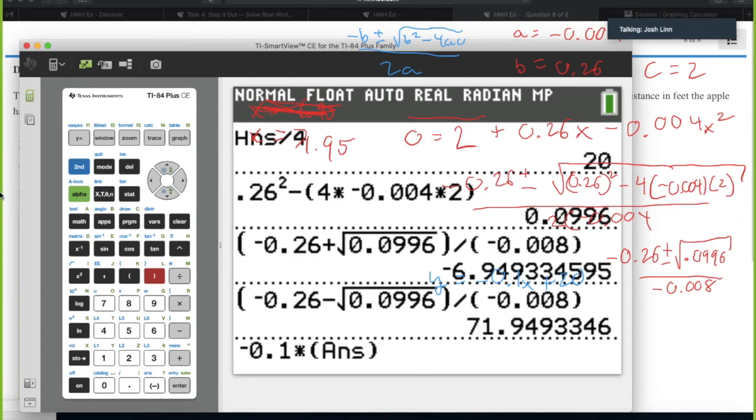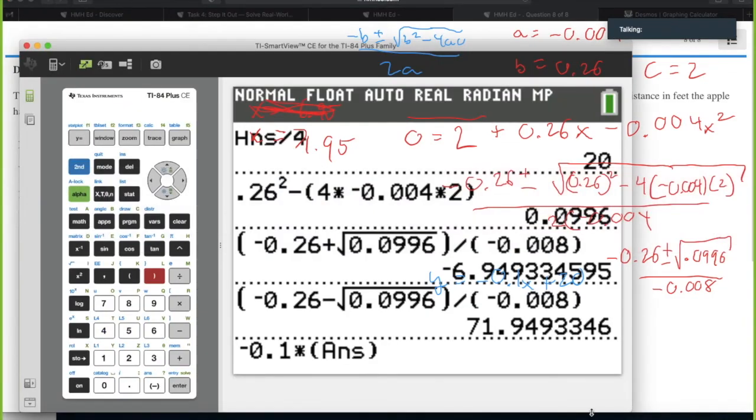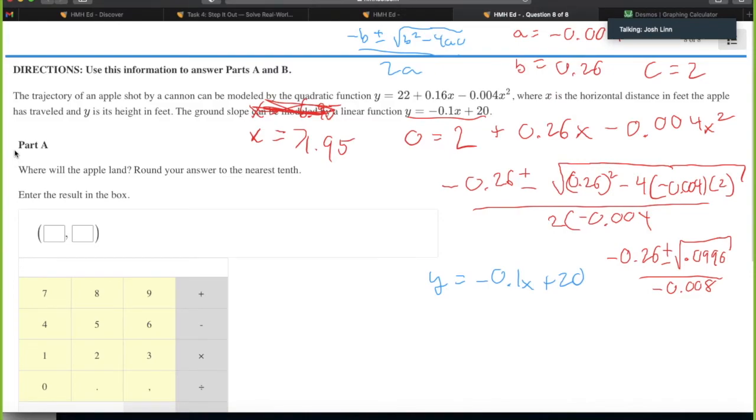What, plus 20? Was it plus 20 or 26? Plus 20. So our next answer is going to be 12.8. And it did say round to the nearest tenth, so I can say y equals 12.8. So our actual point is going to be 71, actually 72 if I'm rounding to the nearest tenth.